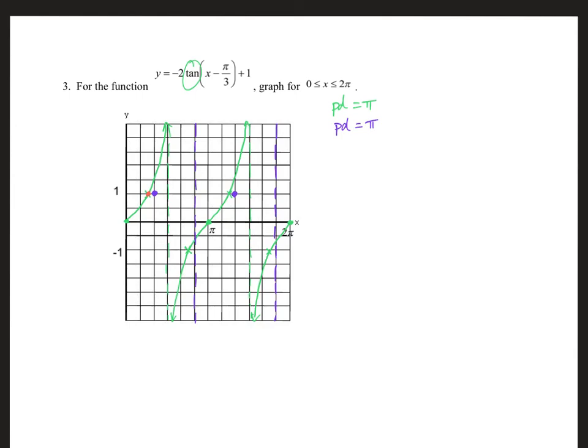So I need to reflect it across the x-axis, vertically stretch it by a factor of 2, shift it to the right pi by 3, and shift it up 1. There is the finishing position of that first 1. My red point gets transformed to that blue finishing position.